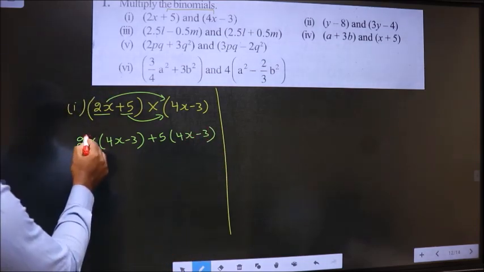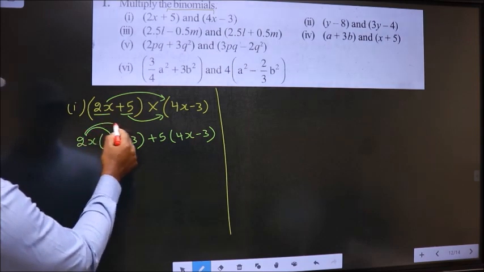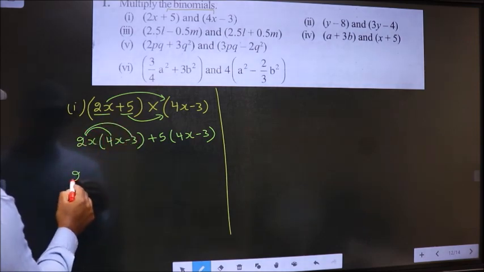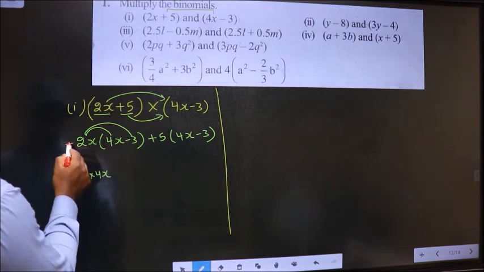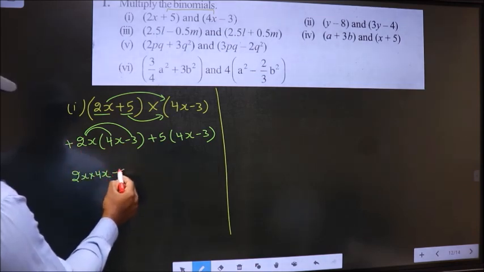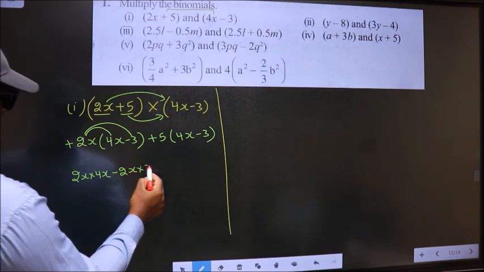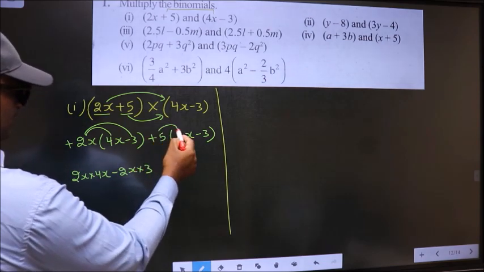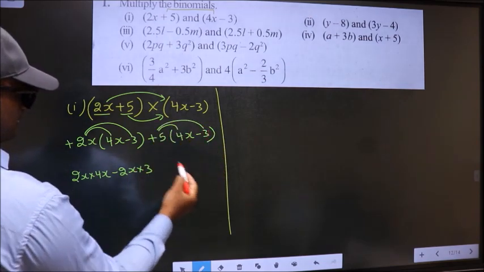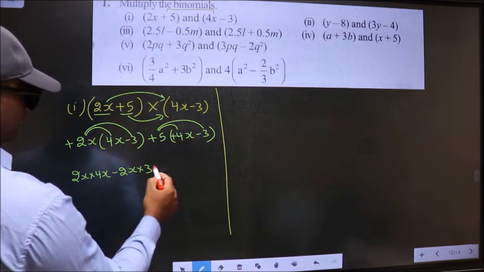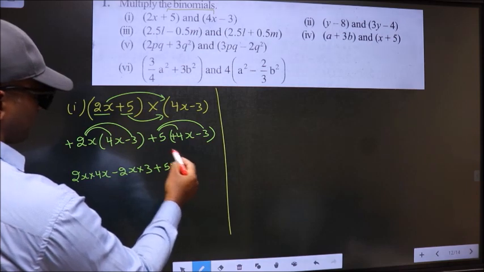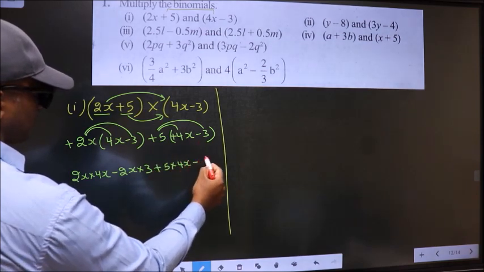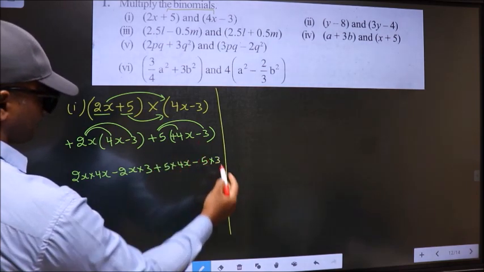Next, now this should be multiplied to each term, that is 2x into 4x. Now here it is plus into minus, minus 2x into 3. Now with plus 5 we should multiply to each term, that is plus into plus, plus 5 into 4x, plus into minus, minus 5 into 3.